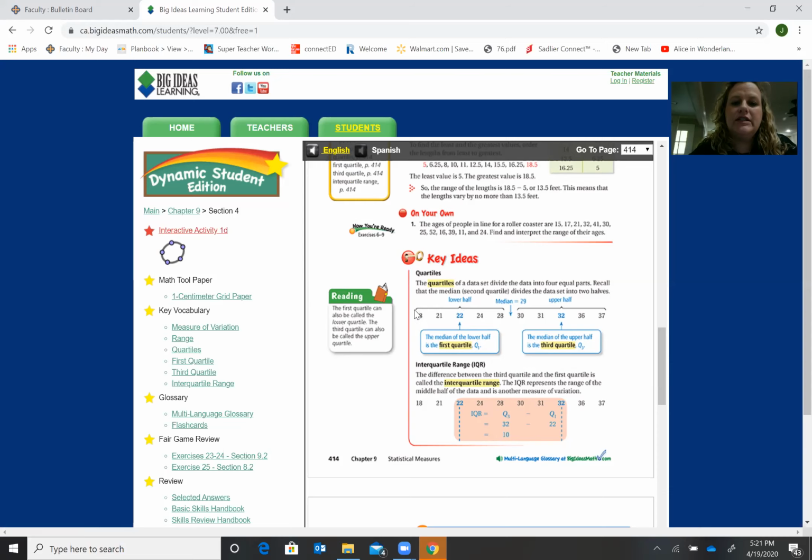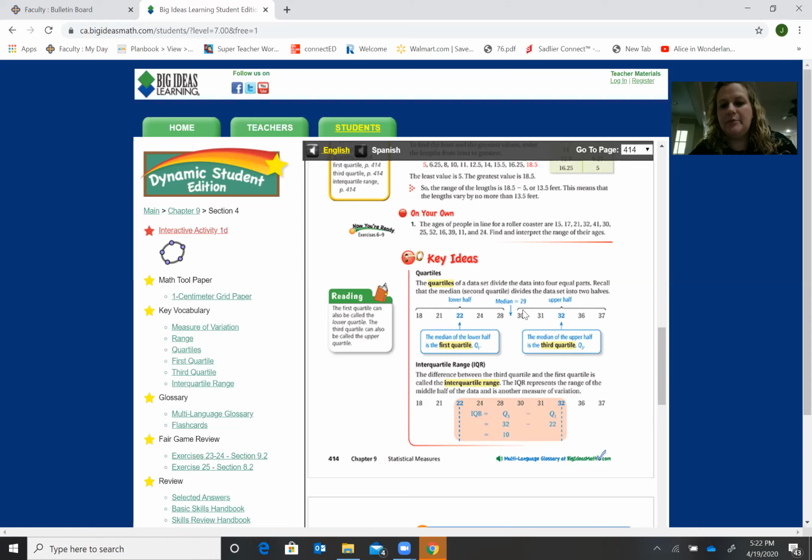Okay, so this is the lower half, and the median of the lower half is called the first quartile. And then you find the median of the upper half, and that's the third quartile. So here, the upper half, or the third quartile range, is everything from the median to the highest number.